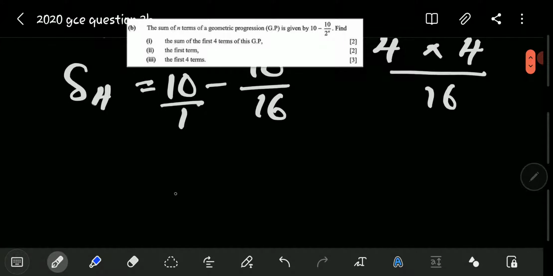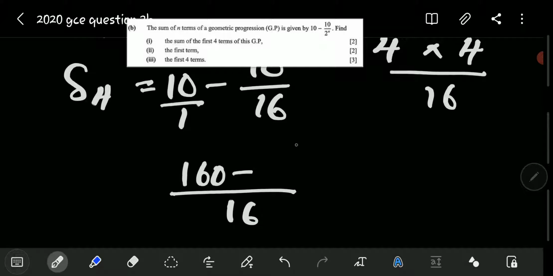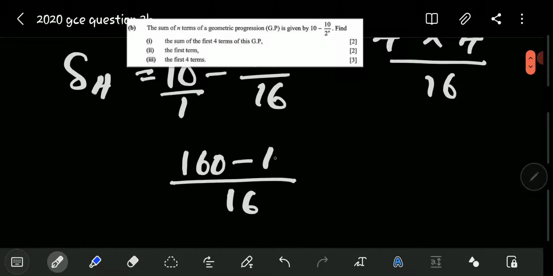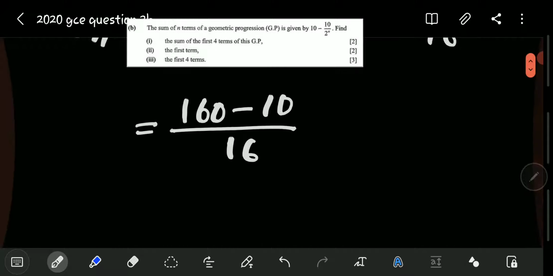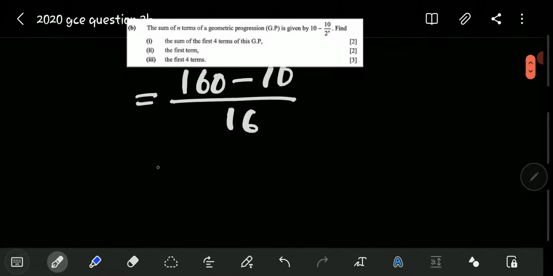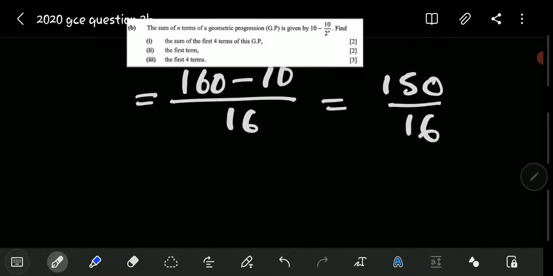Then we look for a common denominator, which will be 16. 1 into 16 is 16, 16 times 10 is 160, minus 16 into 16 is 1, 1 times 10 is 10. So we now have 160 minus 10. 160 minus 10 will give us 150. So this is going to be 150 over 16.